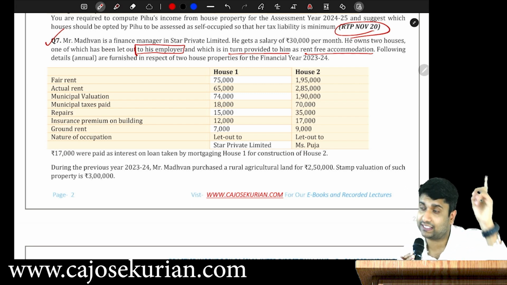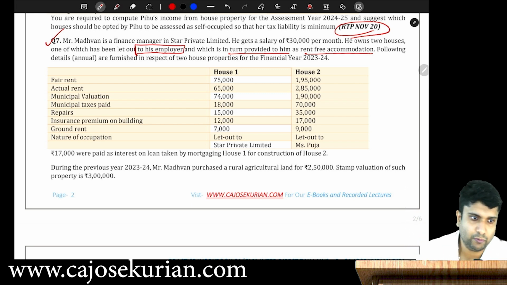First let's finish the things under salary. Now you listen, fair rent, municipal value, everything is given. Municipal taxes, repair, insurance premium on building, ground rent, nature of occupation. 17,000 were paid as interest on loan taken by mortgaging house 1 for the construction of house 2. During the previous year 23-24, Mr. Madhavan purchased rural agricultural land for 2,50,000 and stamp duty value is 3 lakh.